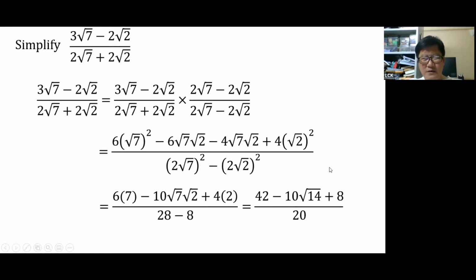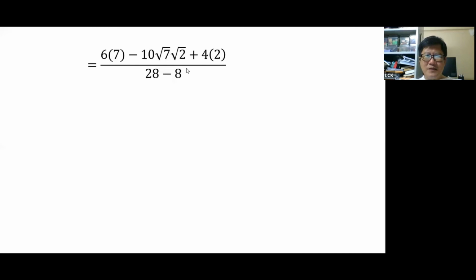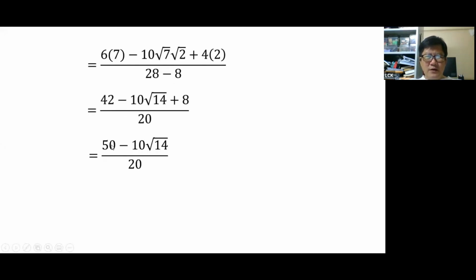So it's a process of simplification from here. 42 plus 8 is 50, and that is a 10 square root 14 divided by 20. You have 50 here, 10 here, 20 here. Divide the numerator and the denominator by 10.